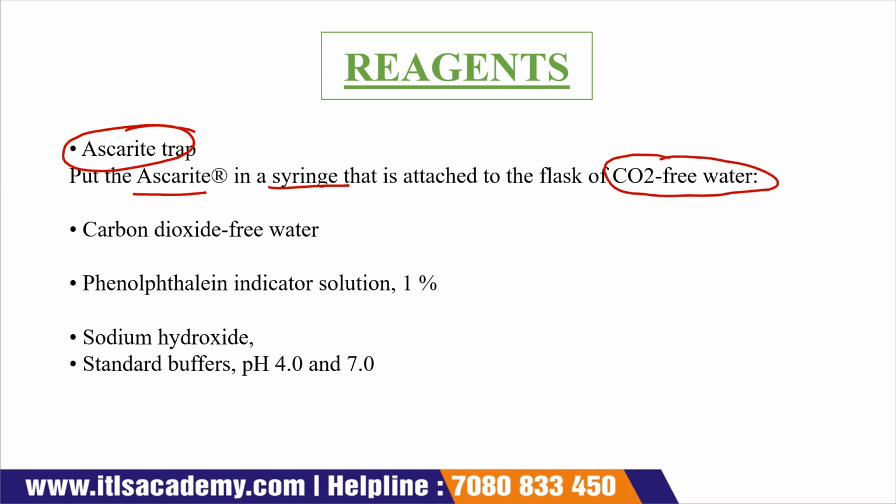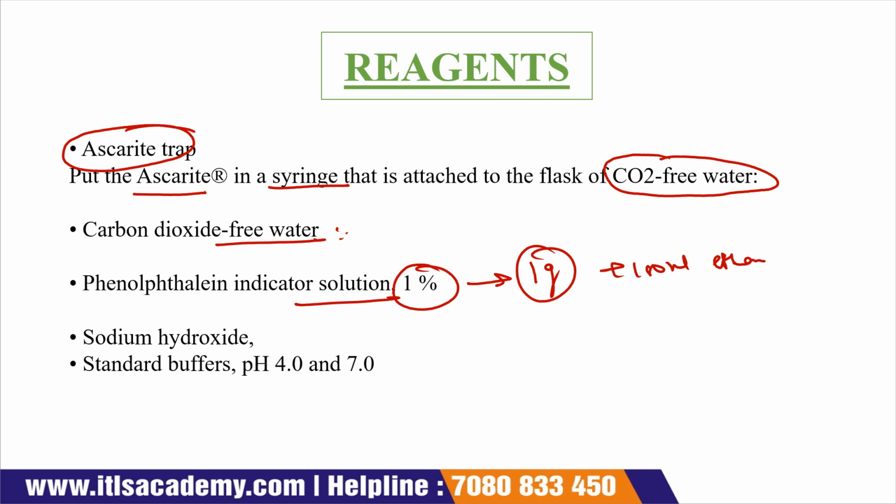How we prepare this carbon dioxide free water was already discussed in the previous lecture. You can go and see the video related to this. Then phenolphthalein indicator solution 1%. See how we prepare it: we take 1 gram of phenolphthalein and dissolve it into 100 ml of ethanol. For the carbon dioxide free water preparation, you have to visit our previous lecture.